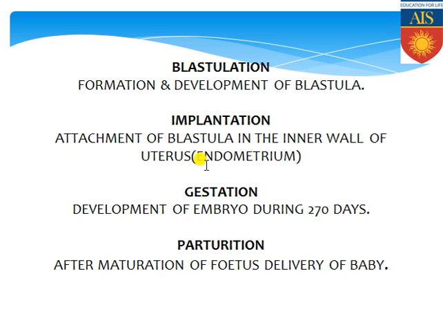After formation of the blastula, it gets attached to the inner wall of the uterus, which is commonly known as the endometrium. When it gets attached to the inner wall of the uterus, that is known as implantation.